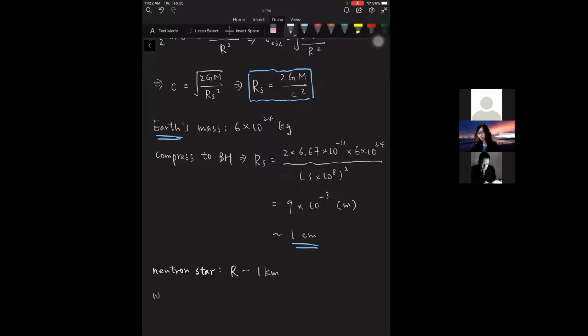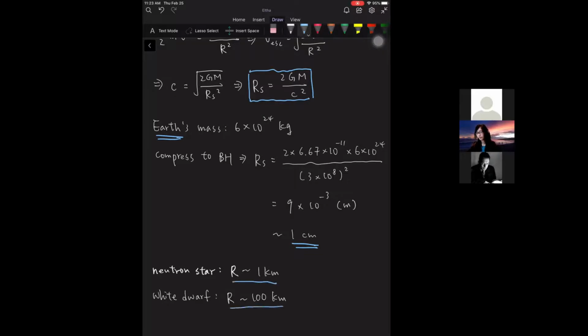And for a white dwarf, it's like compressing Earth mass into 100 kilometers. I'm mentioning this just because these are all very commonly used analogies to help get a sense of how dense these compact astronomical objects are.